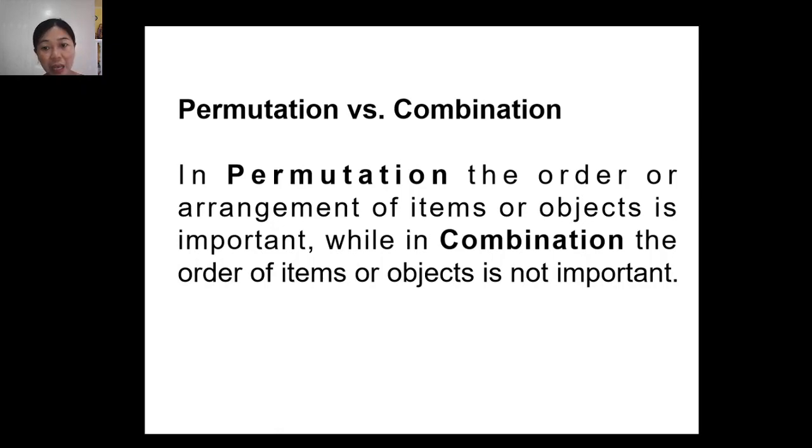Siya ay magiging combination. So, kung nag-arrange ka ng item, yung ordering of arrangement, permutation. Pero kung hindi nangangailangan ng order of arrangement, siya ay magiging combination. So, that's the difference between permutations and combination.